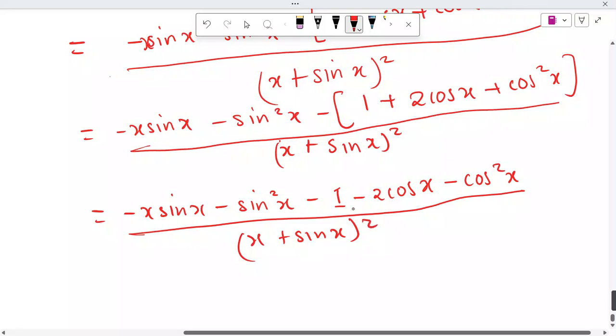Okay, so we can group this one and this one here. We remember the identity cos squared x plus sine squared x equals 1, so we want to utilize it.